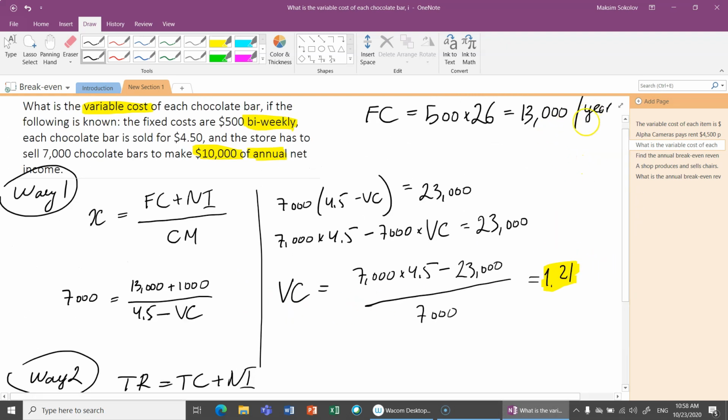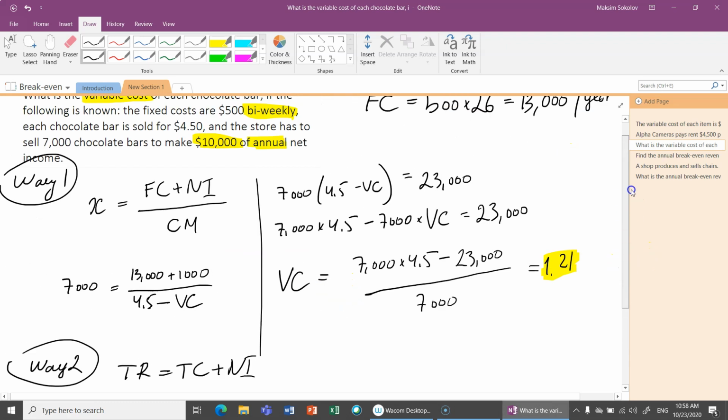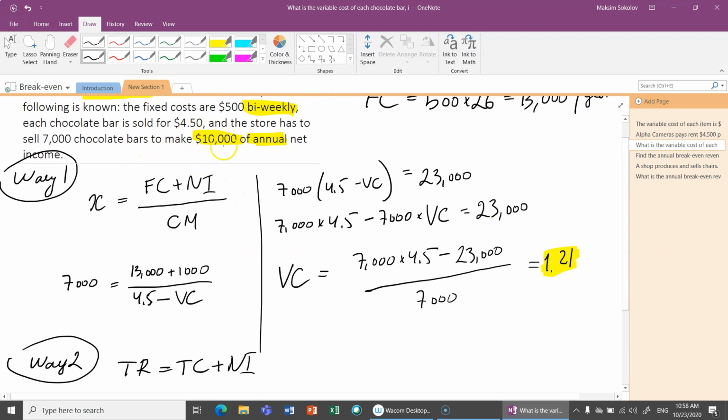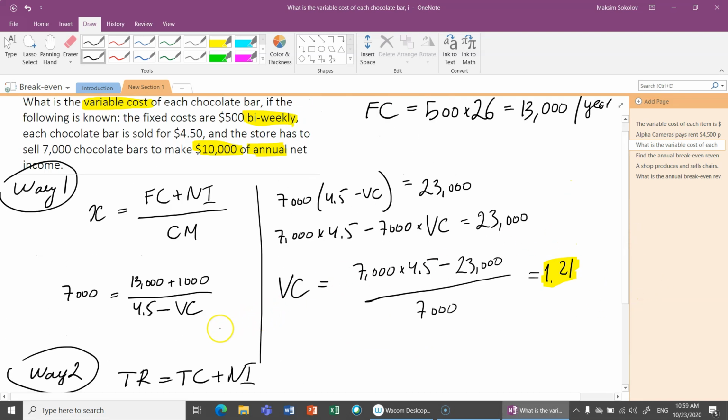And the fixed cost is $13,000 per year, plus net income, and net income here is $10,000. By the way, here I made a typo, so the 10 needs to be added here, but the calculation was correct.